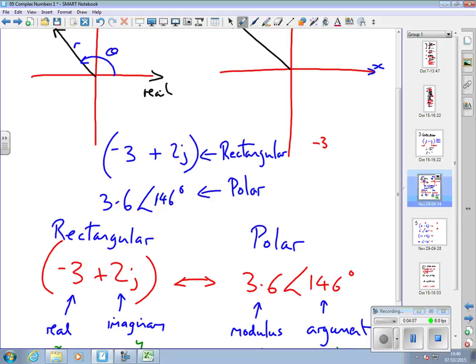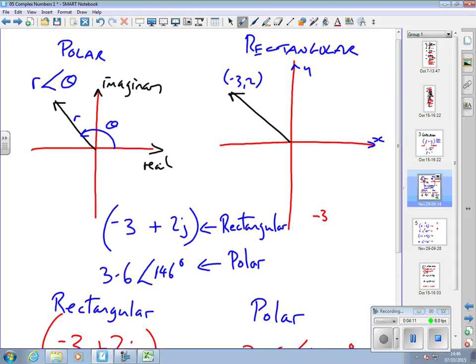And then you want the comma, because it's not complex numbers this calculator is doing, it's converting from one coordinate system to another. So it wants this, -3, 2. So you put -3 and then the comma. And if you look at your closed bracket symbol, that's the comma. So Shift, closed bracket will give you the comma. And then you put the 2 in, not j, just the 2. Close the bracket and then hit equals.